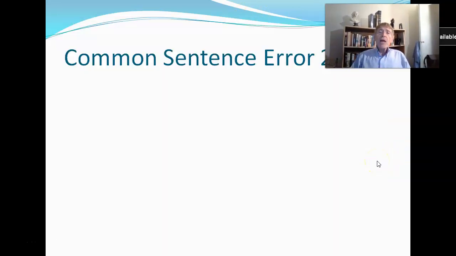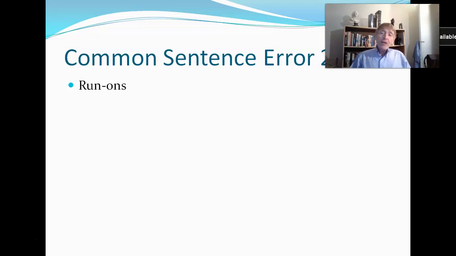Common sentence error number 2 is the run-on. Now, again, there are misconceptions about what constitutes a run-on. If you ask most people, I think they would say a run-on is a sentence that just goes on and on. And that's a very untechnical and really inaccurate definition.